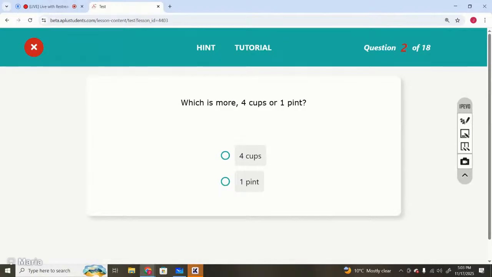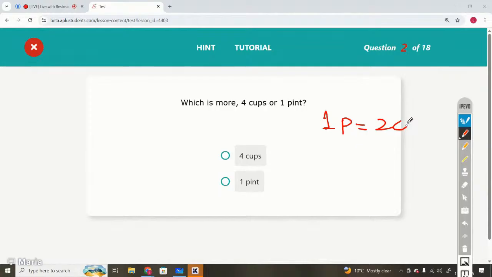Which is more, 4 cups or 1 pint? Sorry, we are going to see which is more, 1 pint or 4 cups. 1 pint is equal to 2 cups.